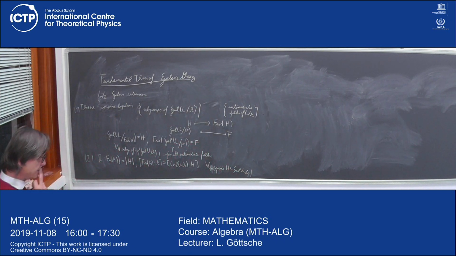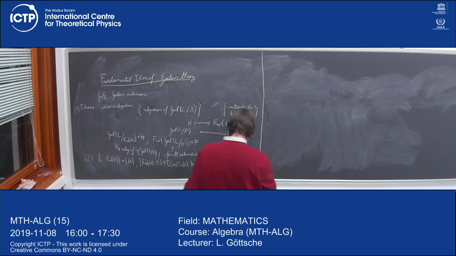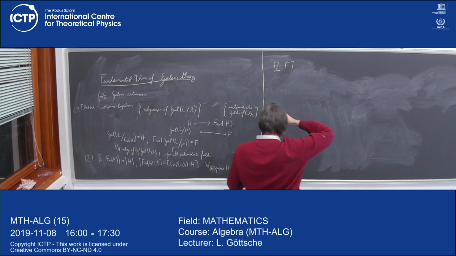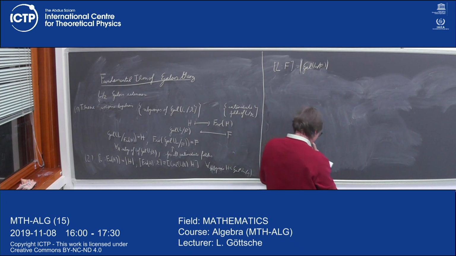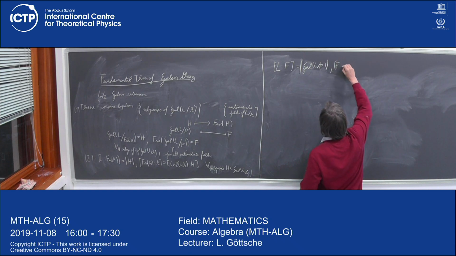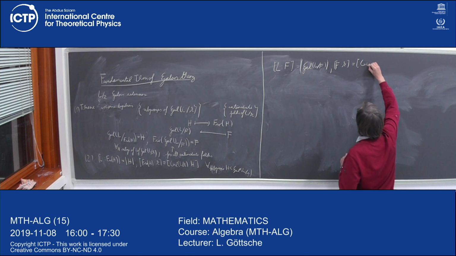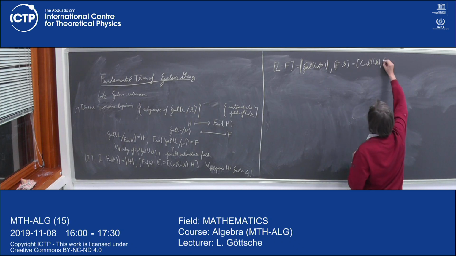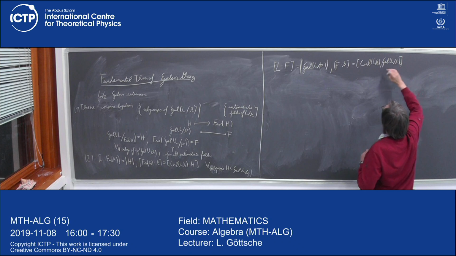And similarly, the degree of L over the intermediate field is equal to the number of elements in the Galois group of L over F. So the order of this group, and also the degree of F over K is equal to the index of the Galois group of L over F in the Galois group of L over K. So the index.